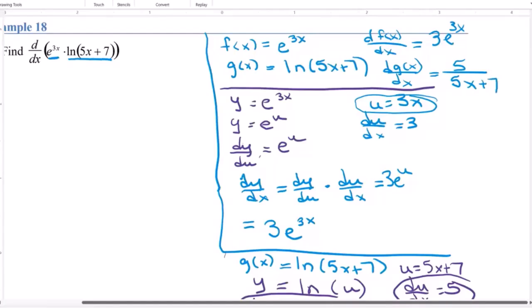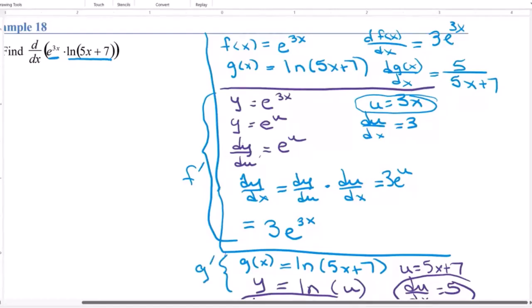Okay, so I did these right here so that I could solve for f prime and g prime, because f prime and g prime on their own were not simple derivatives.